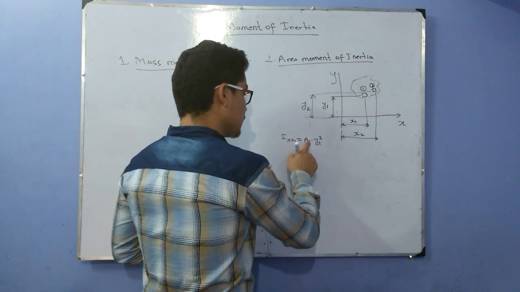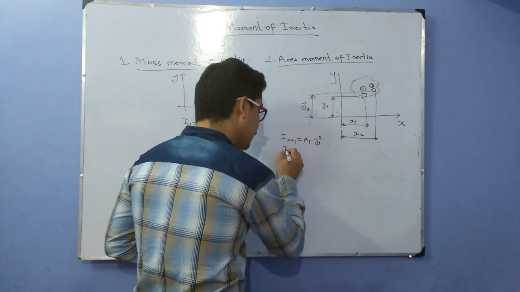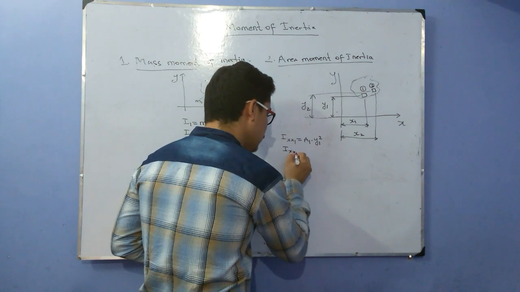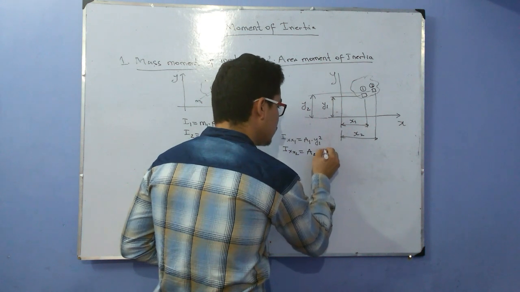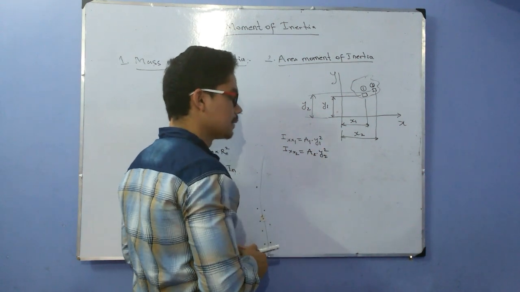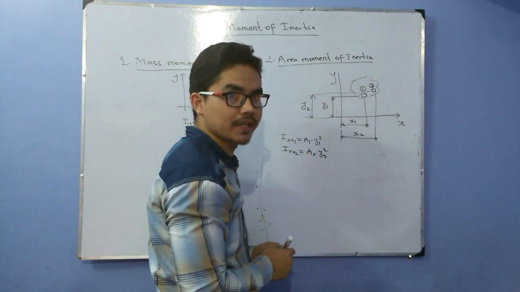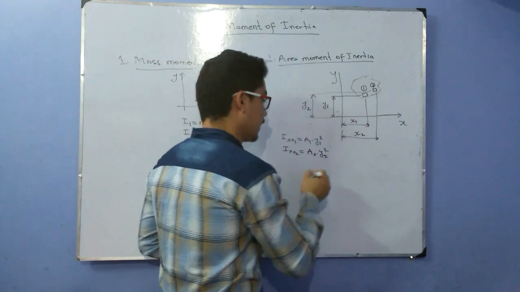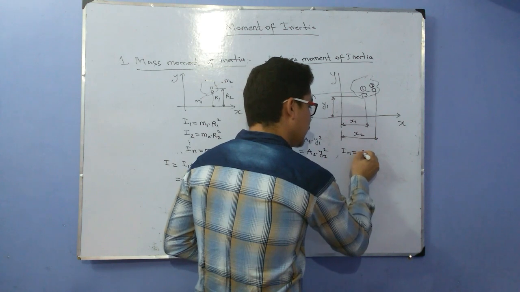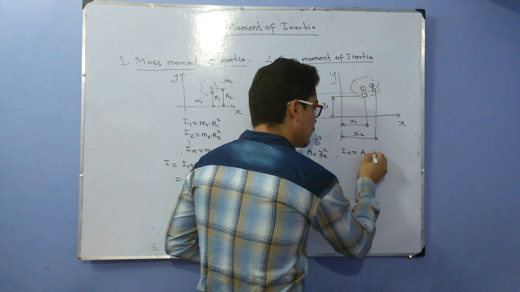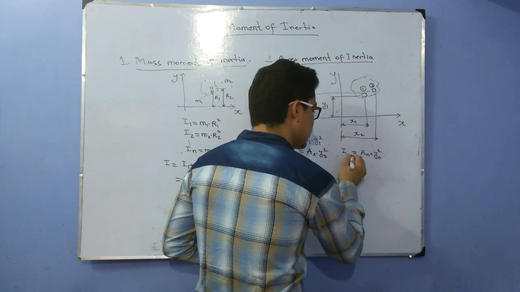Now, this is for the first part of the object. For the second part also, I write Ix2 equals A2 into y2 square. Similarly, if I divide this object into n parts, I will write Ixn is equal to An into yn square.